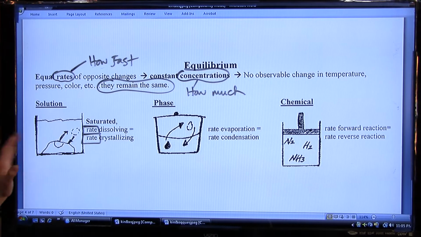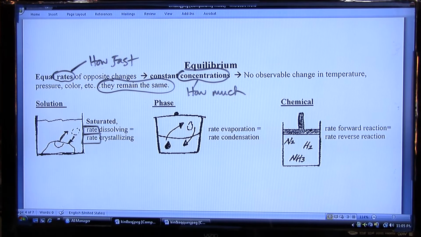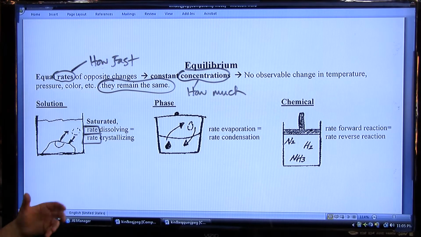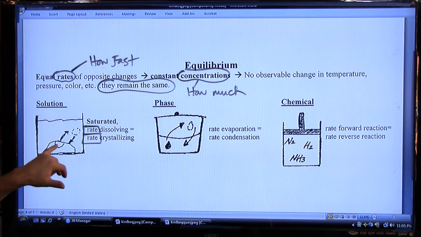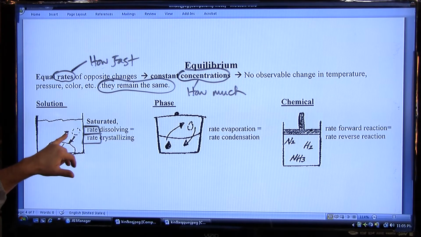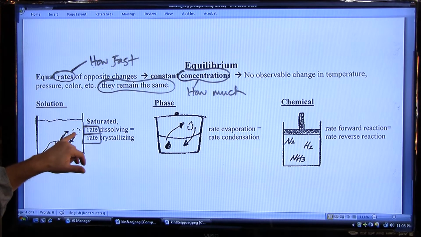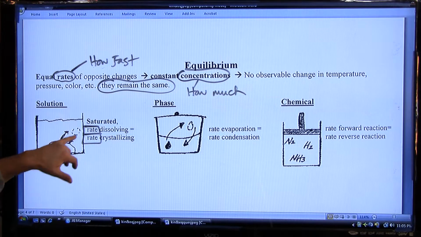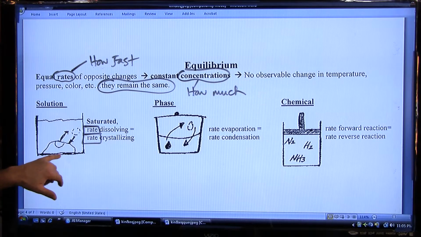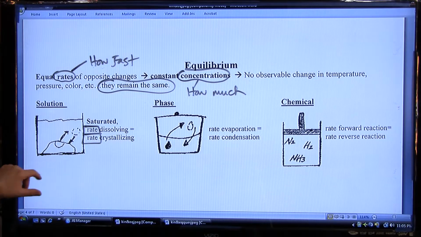You have some solid at the bottom of the beaker, which gives you the appearance that it's doing nothing. But in actuality, for every little amount of solid that dissolves, an equal amount of solute becomes undissolved. So the rate of dissolving and crystallizing are equal, and so it appears that this mass at the bottom never changes.